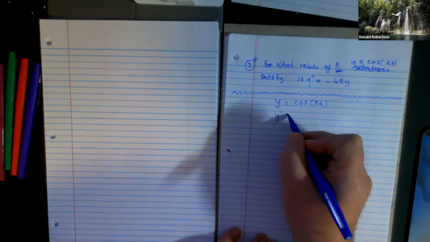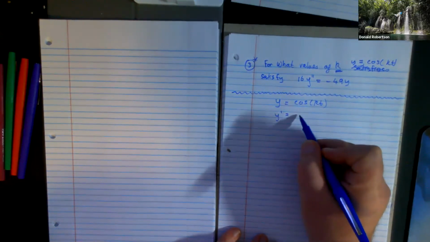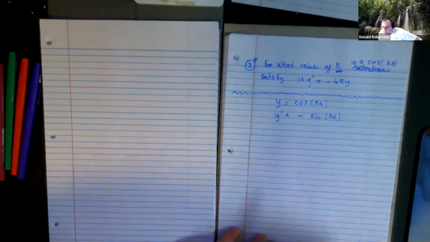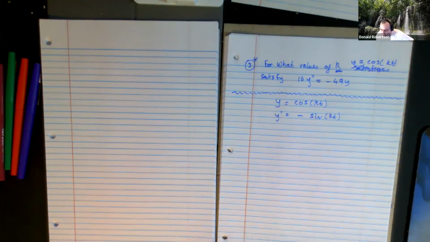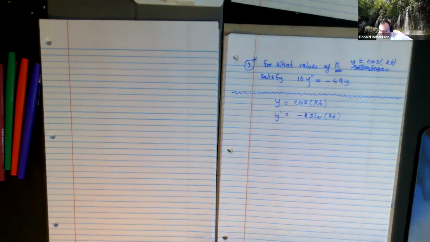Now, be really careful about this. If you differentiate the cosine, you do get a negative sine of kt times something. What's missing? K. Yeah. It's a bit like if somebody said differentiate cosine 2x, wouldn't you get minus sine 2x times another 2?